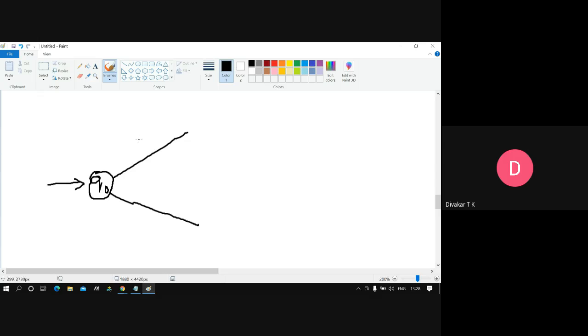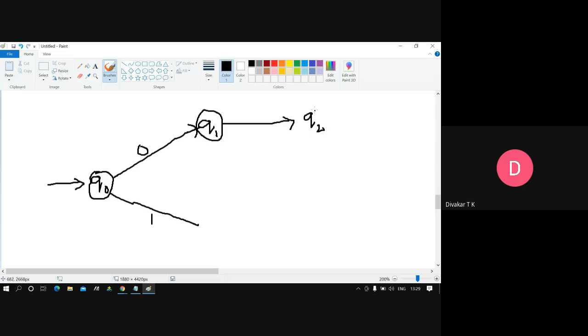Now one outgoing edge is going with 0 and another outgoing edge is carrying 1, one symbol each. This is the requirement part. Now I'll write this as q1 here, with an arrow symbol. Then the other way, with 1, is q2.